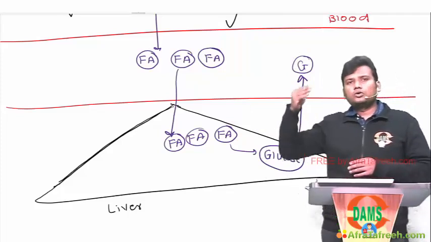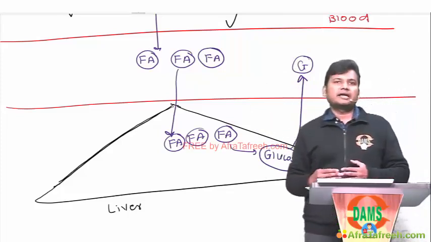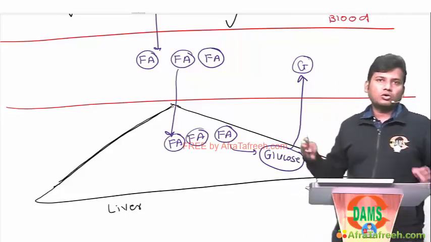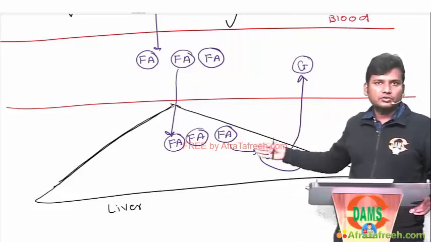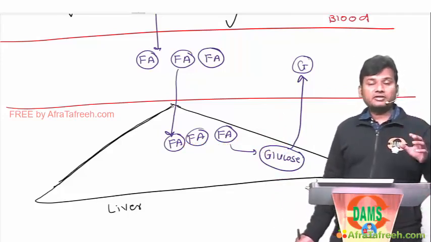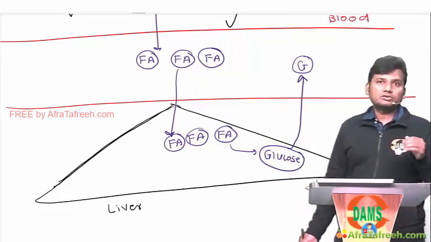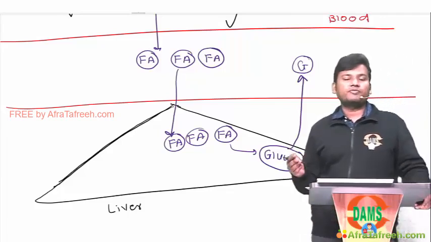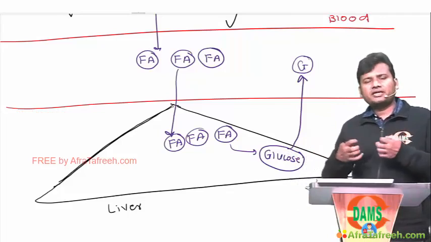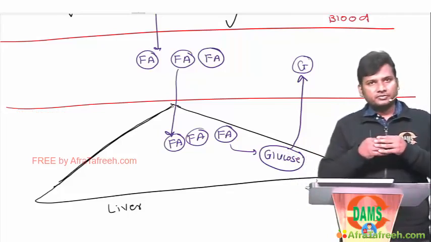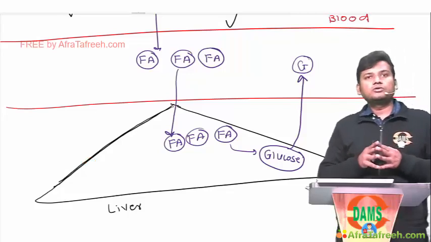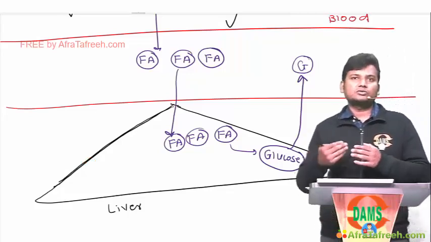Now, a lot of fatty acids are entering the liver. The liver is trying to convert all fatty acids into glucose, but there is a limit. The liver is not able to convert all fatty acids into glucose. A lot of fatty acids are coming into the liver, and it is beyond the capacity of the liver.